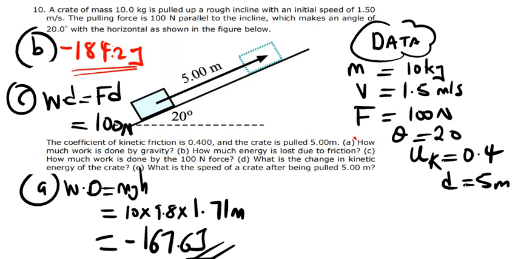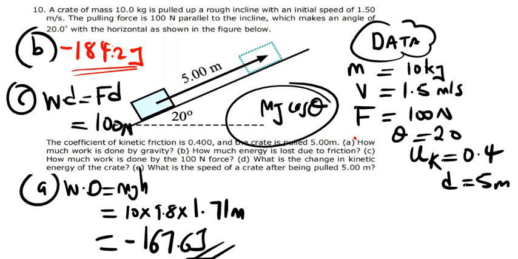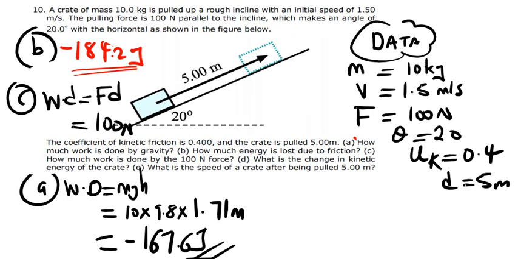Otherwise, you're supposed to do mg cos theta, but they've already given it, so we're just going to use that. 100 multiplied by 5, which is our distance. 100 Newton multiplied by 5, what do we have? It is going to be positive 500. I've put positive because it is not friction, it's the one that you're applying. So that is very important for us to understand. Let's come to D. So this one we found 500.